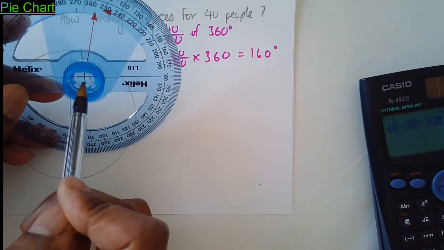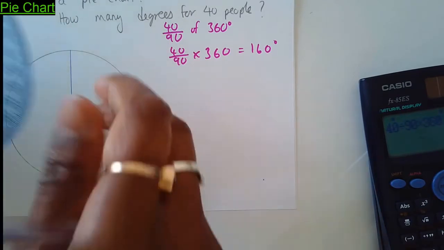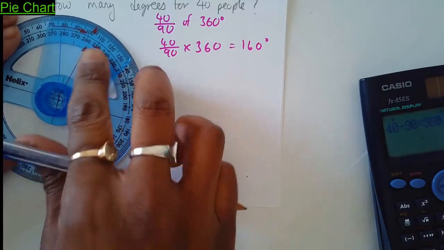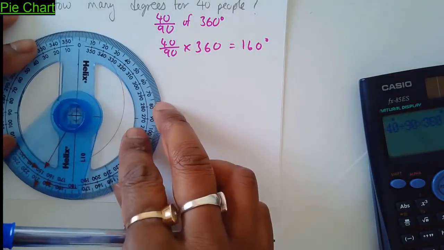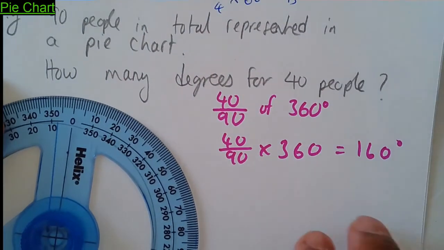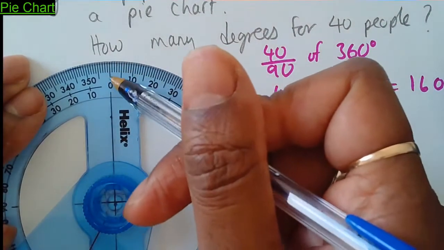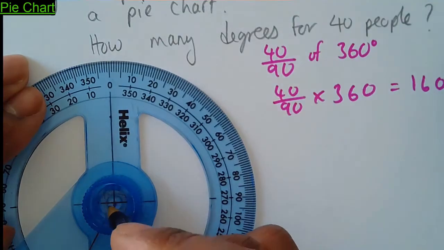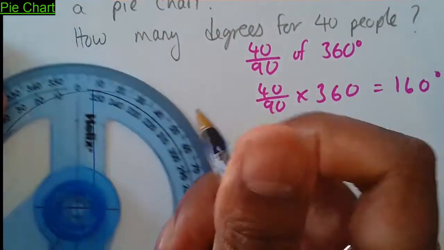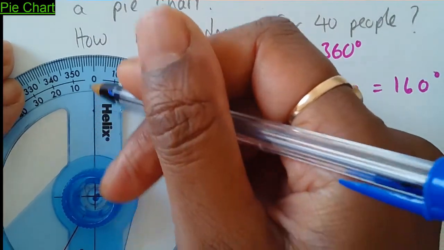Put the center of the protractor right there on the center of the pie chart, and then make sure you line up the 0 degrees. Make sure it's centered. There. See, it's lined up properly.